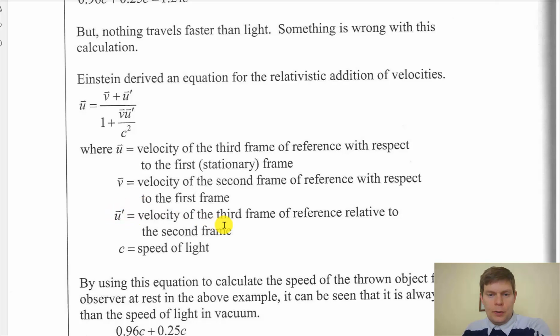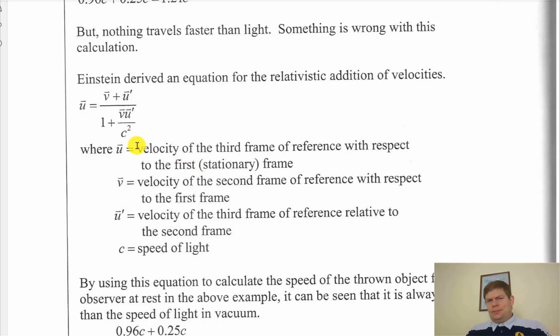So third relative to second. Everything else is relative to the first frame of reference. So we have the velocity of second relative to first, and third relative to second, and all of that gives us the third relative to the first.